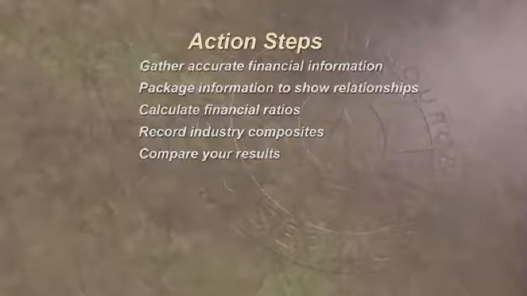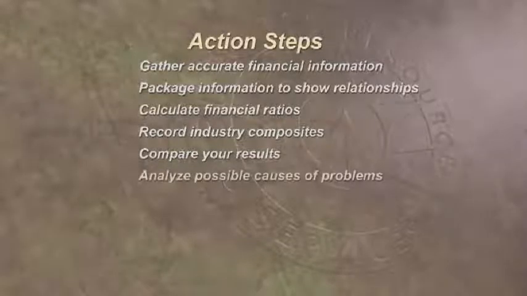6 and 7. Analyze possible causes. What caused it? Let's first of all identify the symptom, and then what do we want to ask? What caused it? Right? This is number 6. Analyze possible causes.